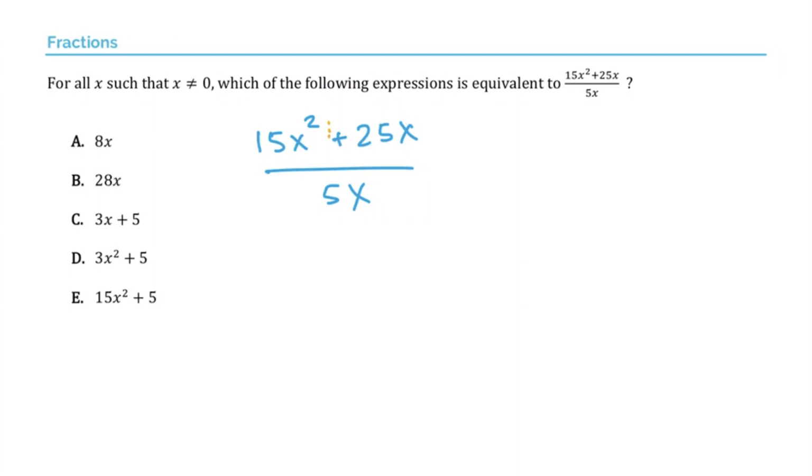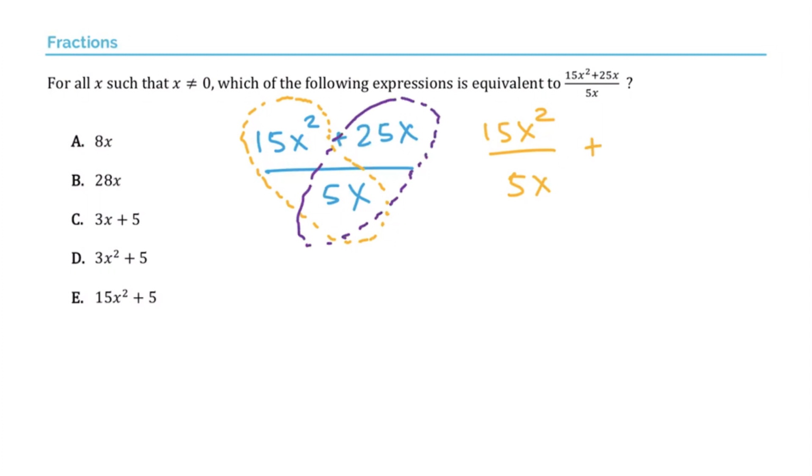So what I want you to do is break it up into 2 parts. So the first thing I'm going to do is the 15x squared over 5x plus, and then for our second part, I'm going to rewrite it where again I put that denominator to both parts that are in the top.